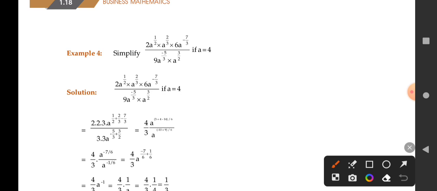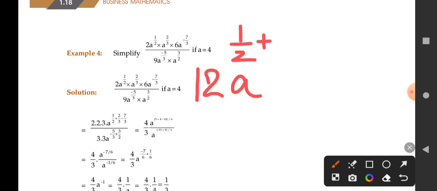We will first multiply all the constants and keep them aside. So we have 2 into 6, 12. So it is 12 into a raised to half plus 2 by 3 plus minus 7 by 3.